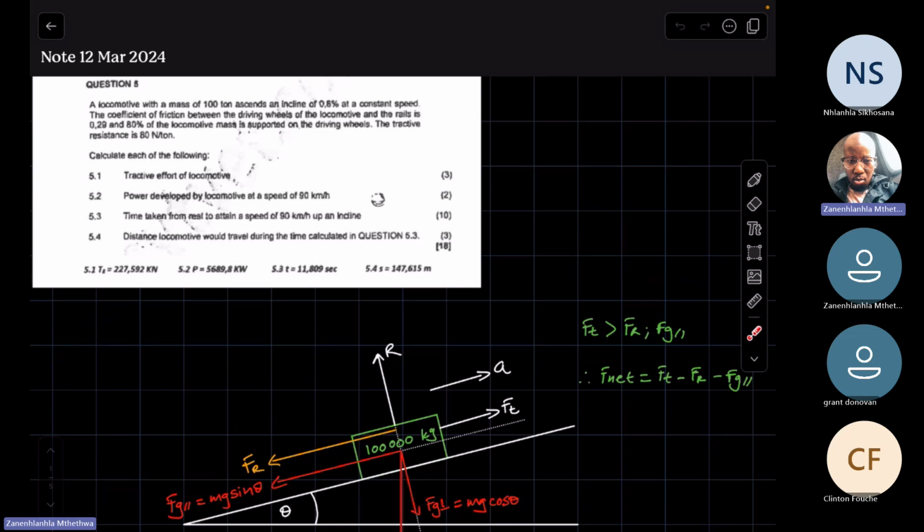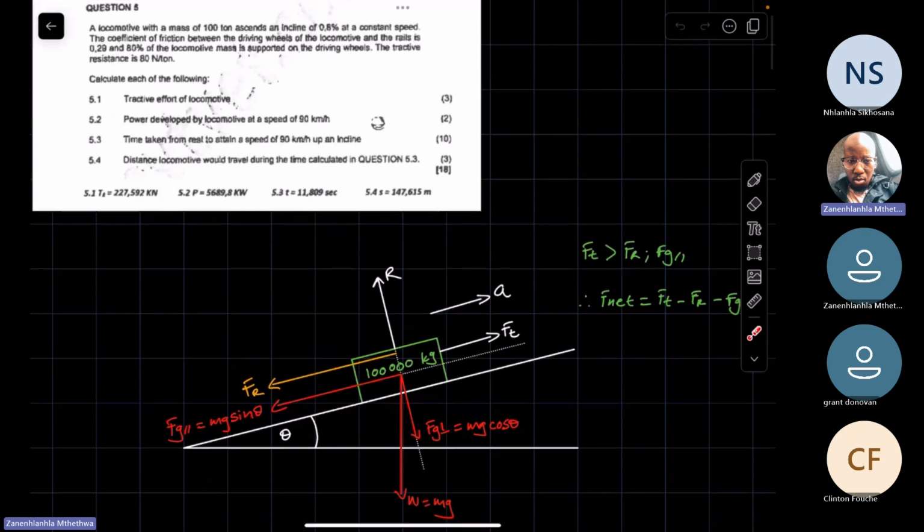Now, like any other problem based on dynamics, I always suggest that you draw the free body diagram before attempting the problem or questions based on the problem. Always take the information you've been given and draw the free body diagram.